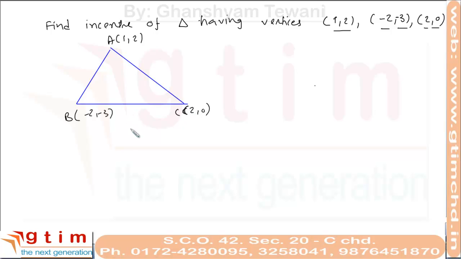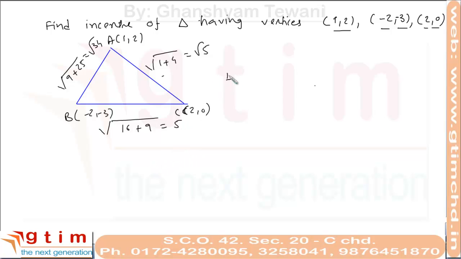To get the incenter, we have to first find the side lengths of the triangle. This side length is square root of 9 plus 25, that is square root of 34. This side length is square root of 1 plus 4, that is root 5, and this side length is square root of 16 plus 9, that is 5.